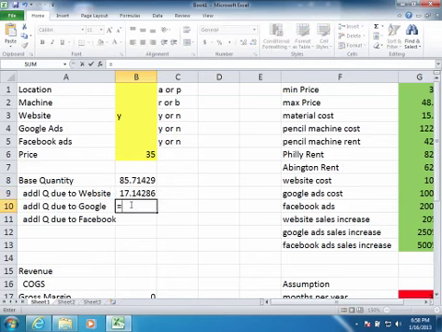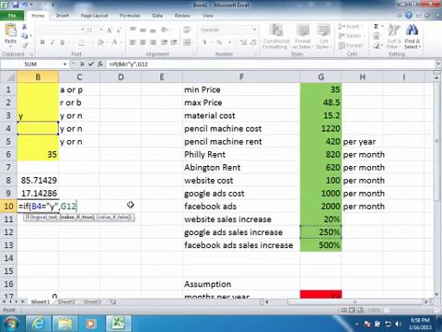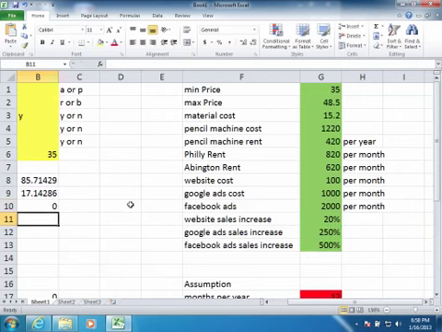Now this one is equal to if Google Ads equals yes, then it's the Google sales increase times the quantity, otherwise it's 0.